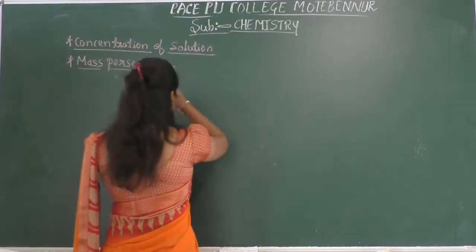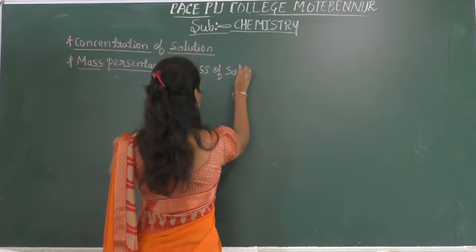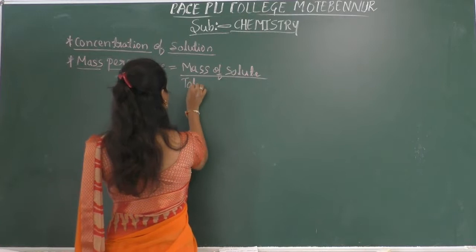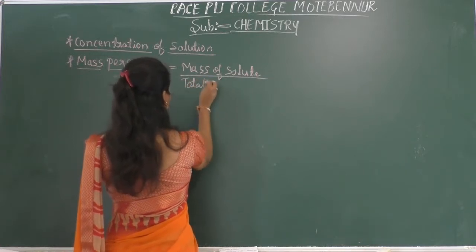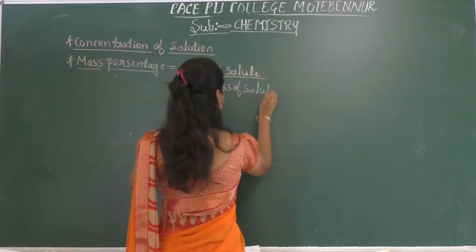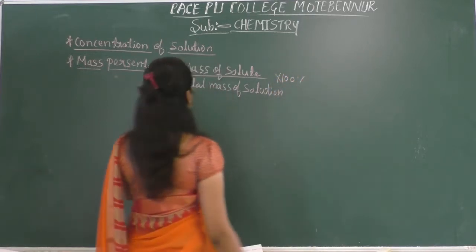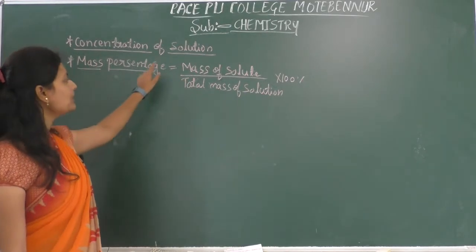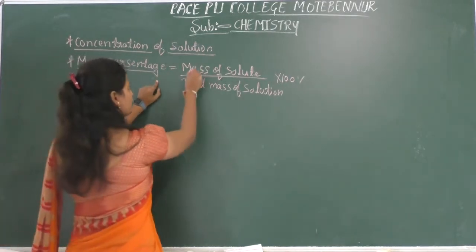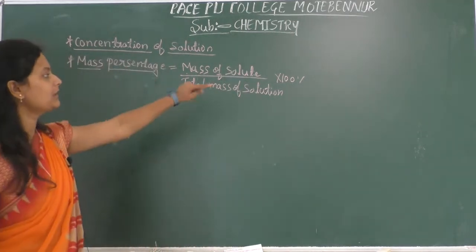Okay, so here mass of solute divided by total mass of solution into 100. Okay, so this will give us the mass percentage of a solute. If we are going to calculate the mass percentage of a solute, here we have to use mass of solute divided by total mass of a solution into 100.